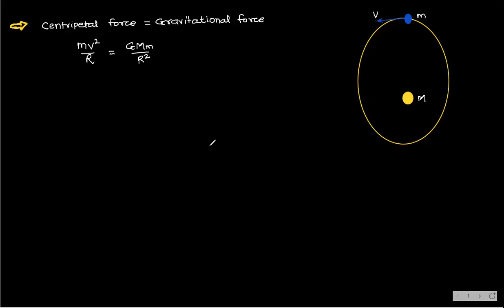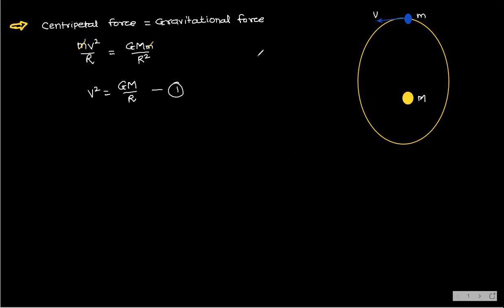If we cancel this m and this m, what are we getting? V square is equal to GM by r. Call this equation number 1.